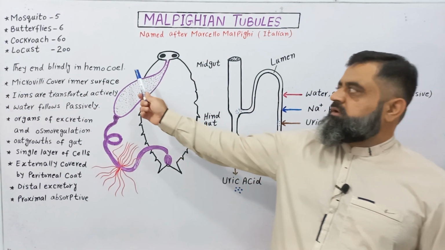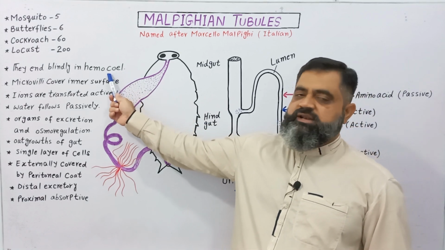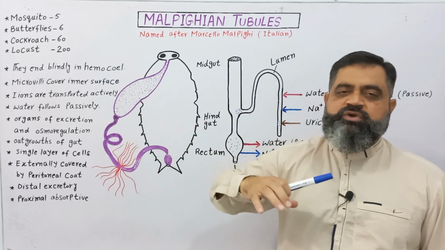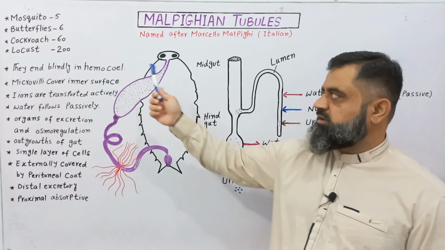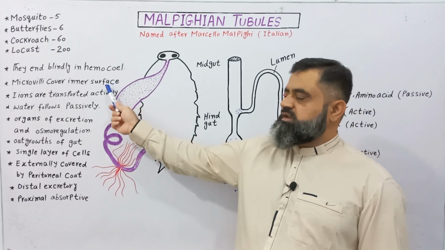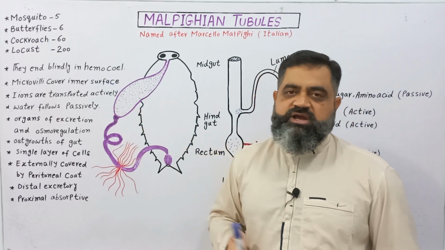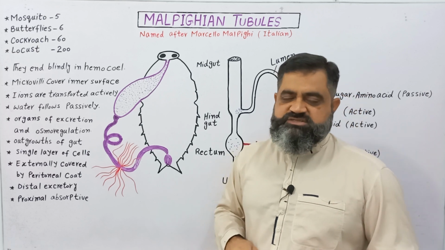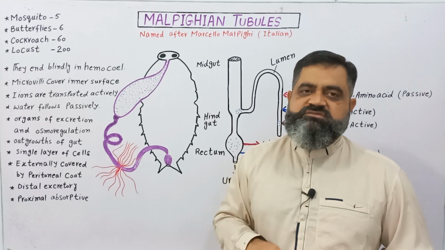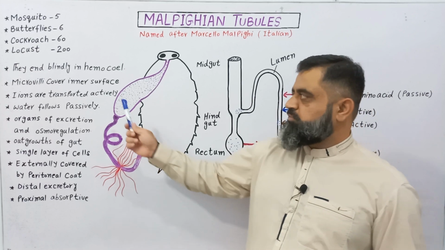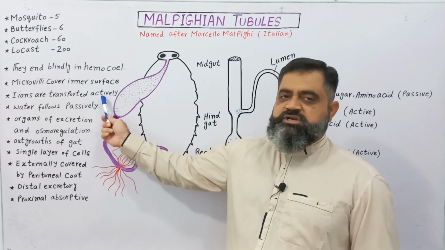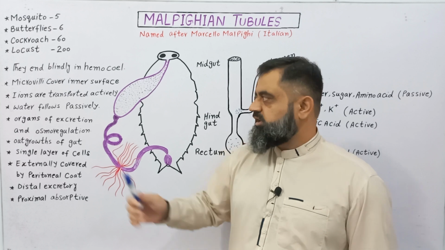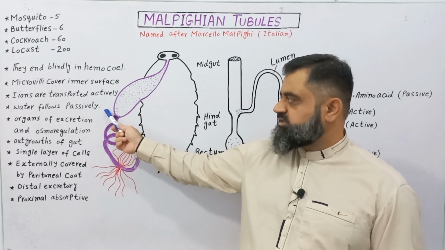Malpighian tubules are suspended in the fluid known as hemolymph inside the hemocoel of the animals. Their inner surfaces contain microvilli, and the movement of material inside occurs by a process known as peristalsis. They also have smooth muscles which help in this type of motion. Ions are usually transported and water is also transported. We will discuss this in the upcoming points.